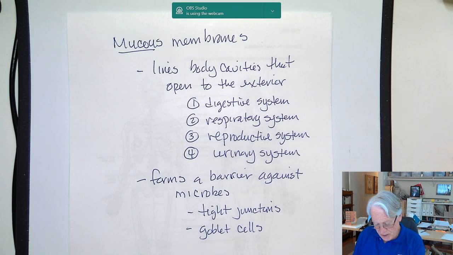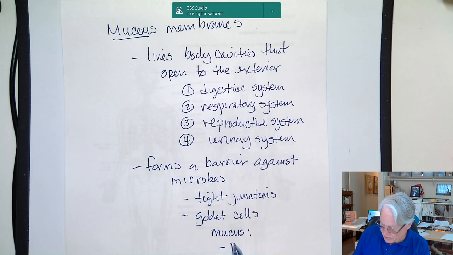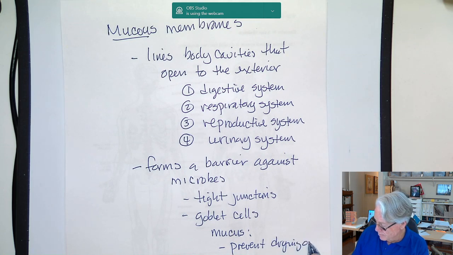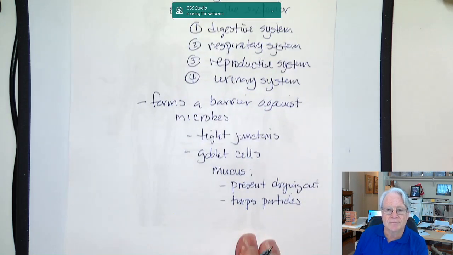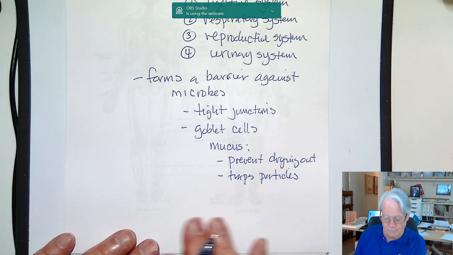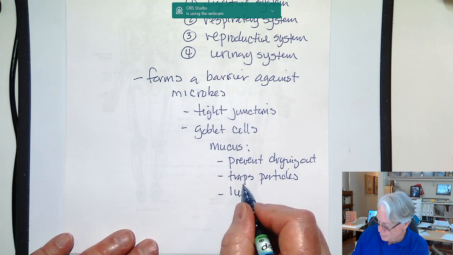Mucus prevents drying, so it is going to prevent the drying out of that layer. It's going to be used to trap particles, and it's going to be for lubrication.